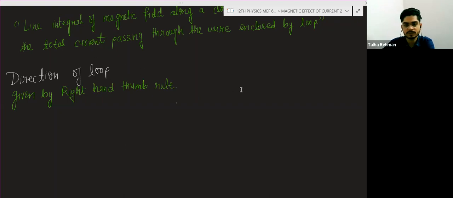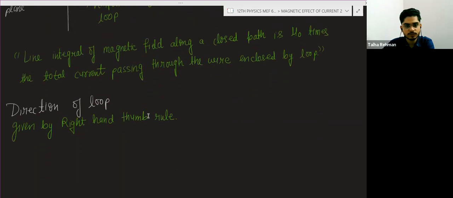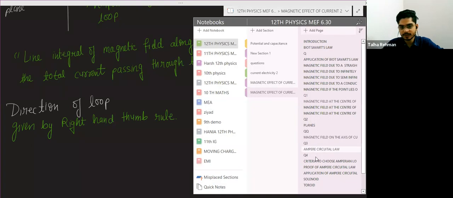In Ampere's law we will have a derivation for a straight wire, a cylindrical wire, and a solenoid. So just note this down. Now we will have the question. Direction of the loop is given by the right hand thumb rule.